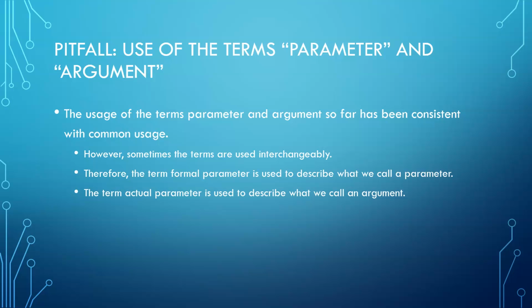Therefore, the term formal parameter is often used to describe what we've been calling a parameter, what you have inside of your method. The term actual parameter is used for what we've been describing as an argument. So for our purposes, a parameter is what's in the method header, and an argument is what's in your main program that you're passing into that method invocation.